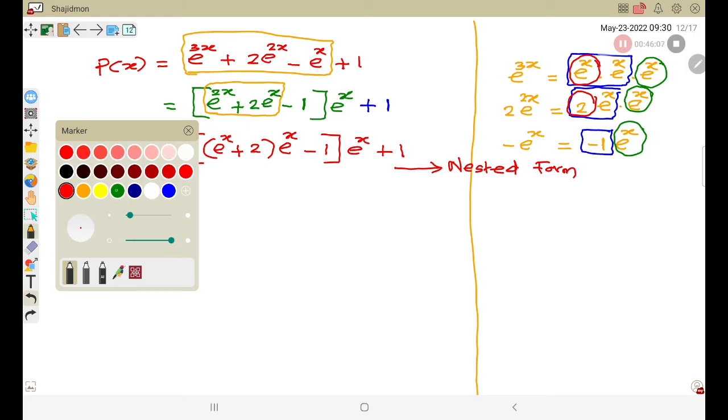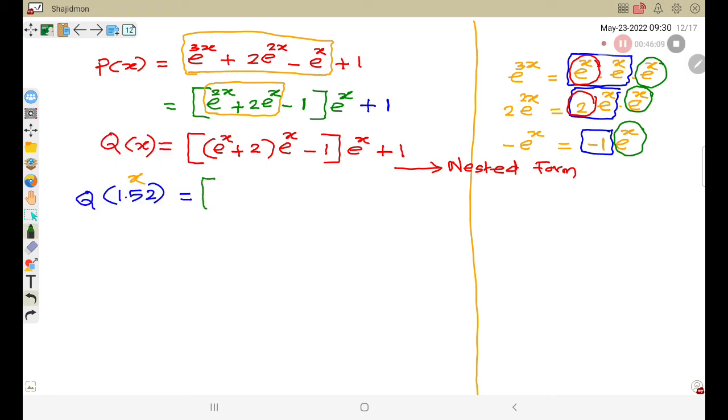That means e power 1.52 plus 2 multiply e power 1.52 minus 1 multiply e power 1.52 plus 1. Now you can calculate this e power 1.52 separately. Using 3 digits rounding, you will get 4.57.